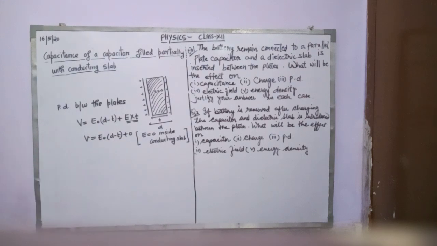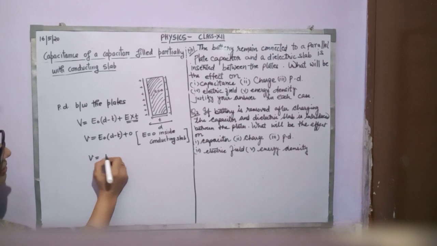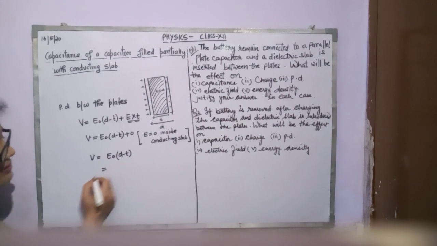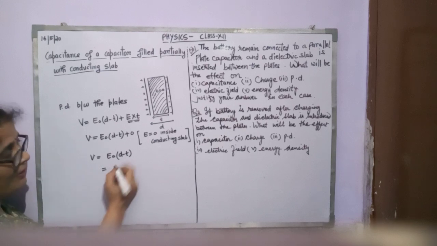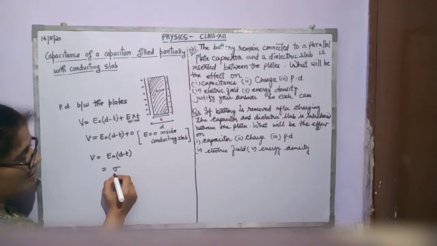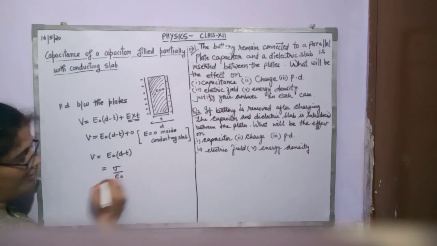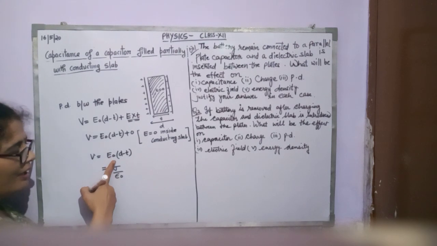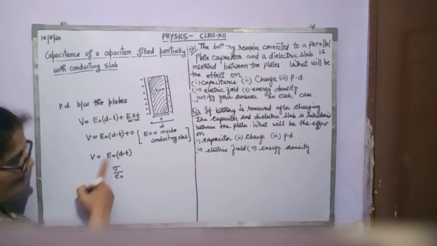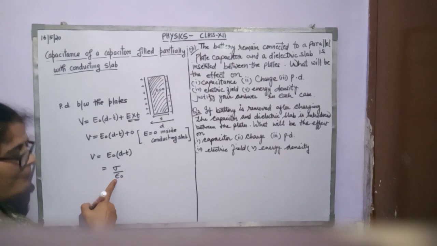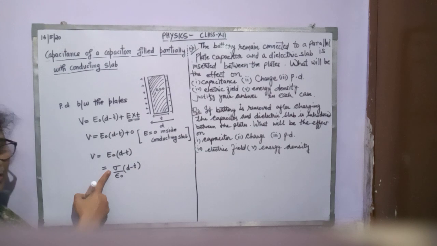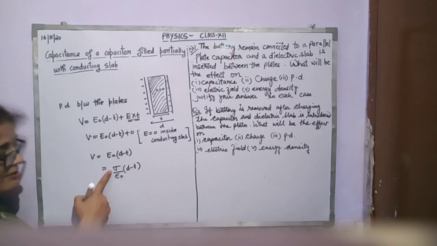Then what is the value of V? V comes out to be E naught times D minus T, and E naught can be written as sigma upon epsilon naught, because E naught means the electric field in air or vacuum between the plates. Therefore, we have taken epsilon naught, D minus T. What is sigma?